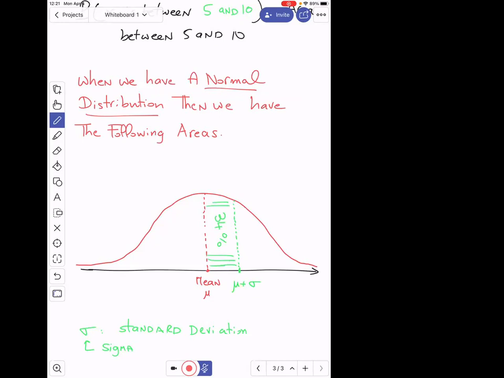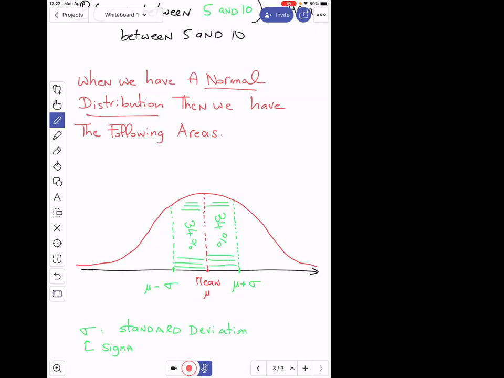The other side, if you do the mean minus sigma, then between the mean minus sigma and the mean, this area here is also 34%. So we have something which is symmetric about the mean.